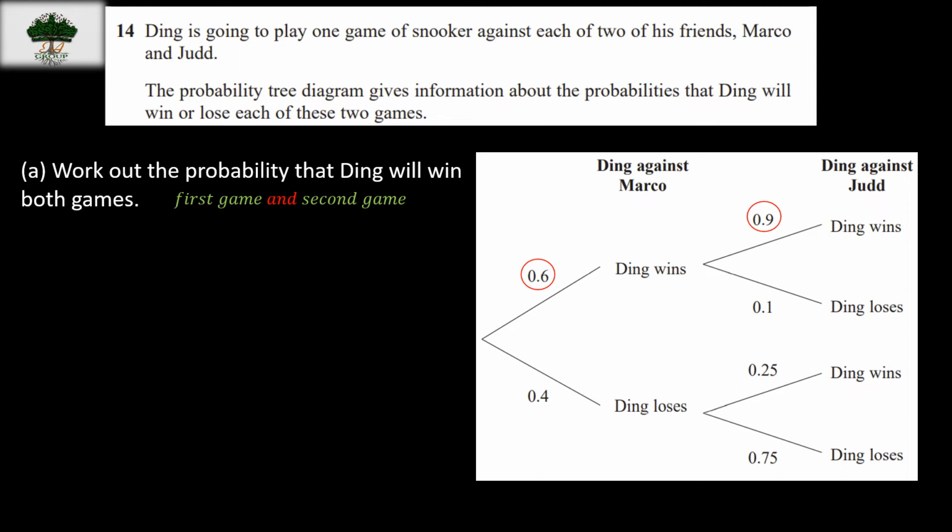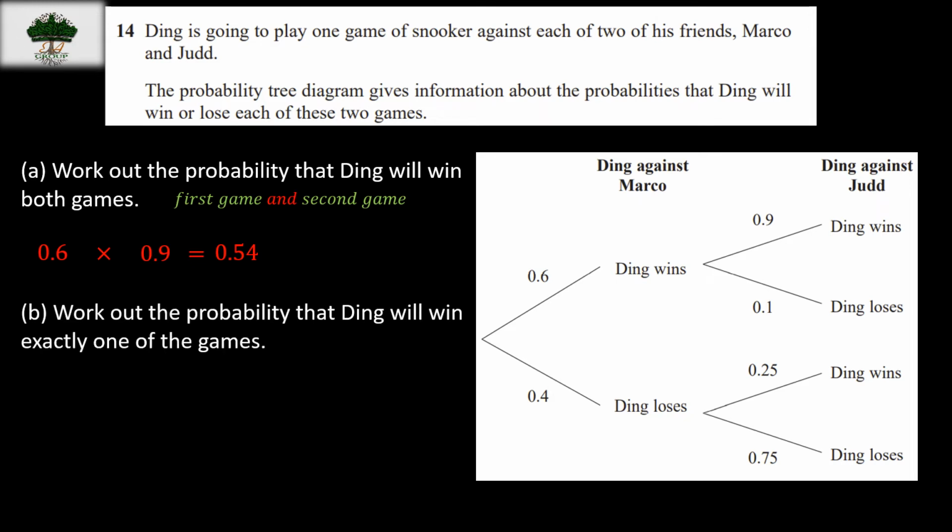Since we have two independent events, "and" always means multiplication, so 0.6 times 0.9, and the answer is 0.54. This is the answer to the first part.